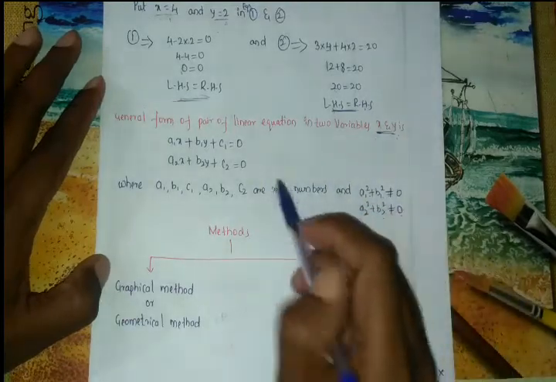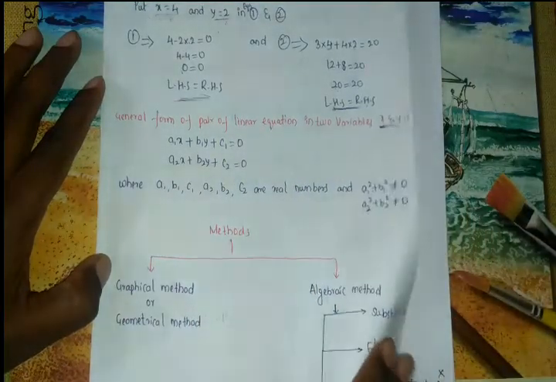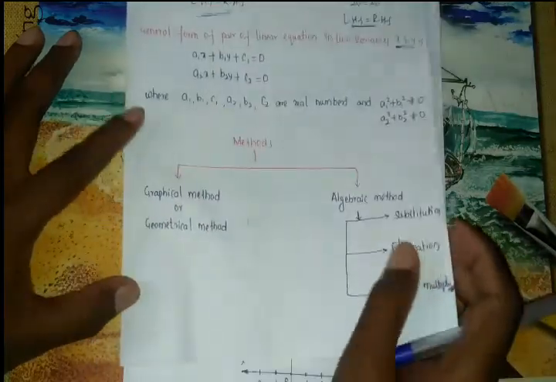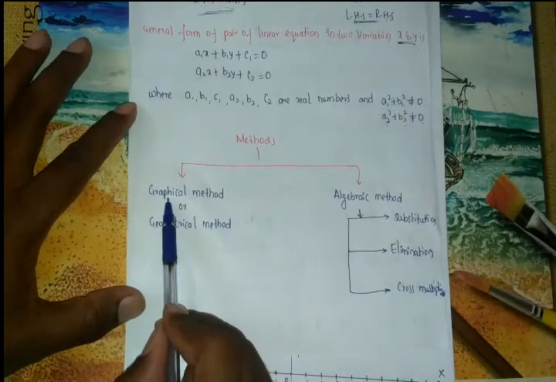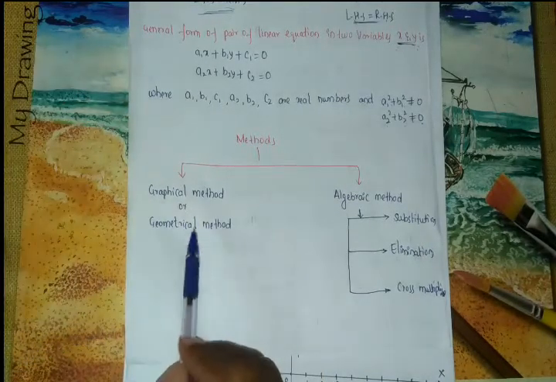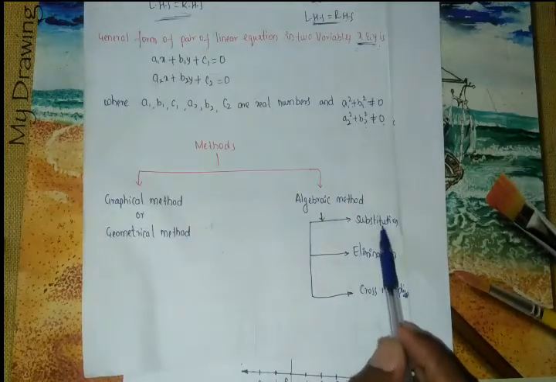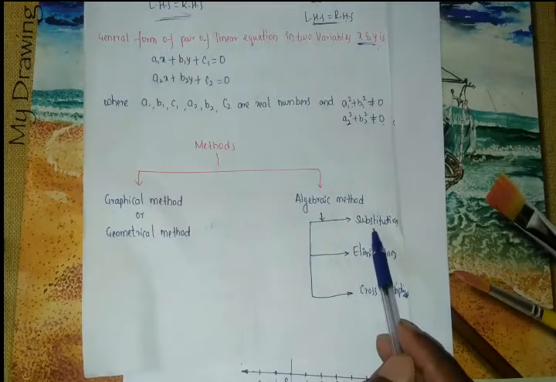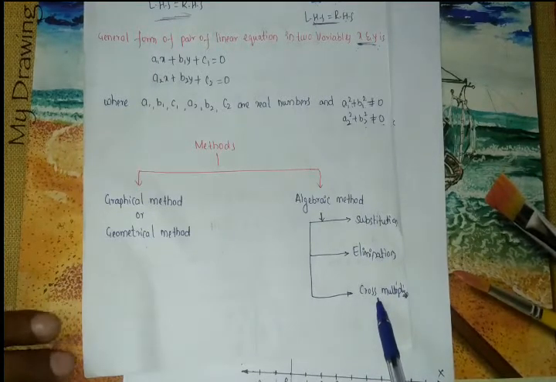This is the general form of a pair of linear equations in two variables. There are different methods to solve a pair of linear equations. We have the graphical method, also known as the geometrical method, and the algebraic method. We have three methods in that again: the substitution method, elimination method, and cross multiplication method.